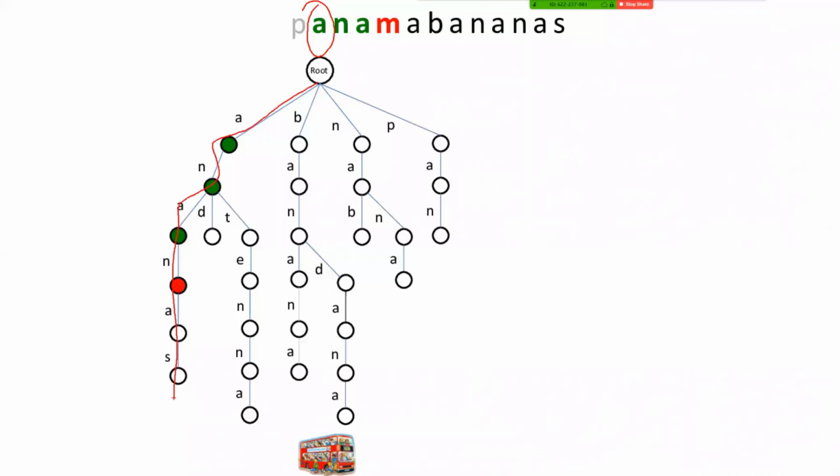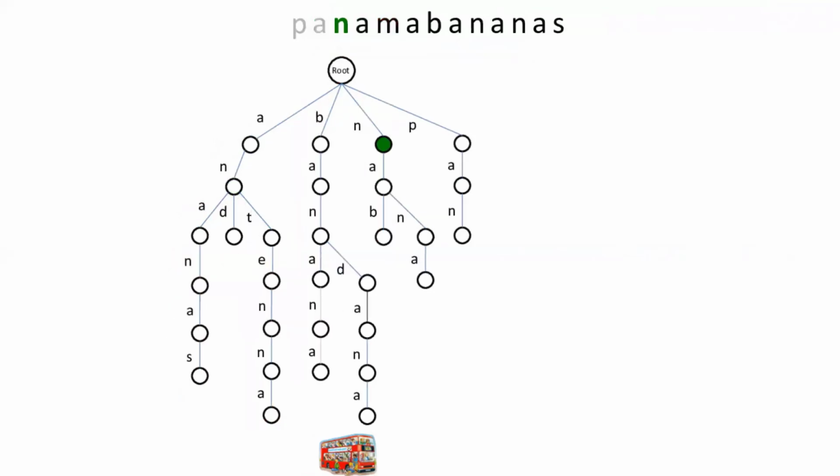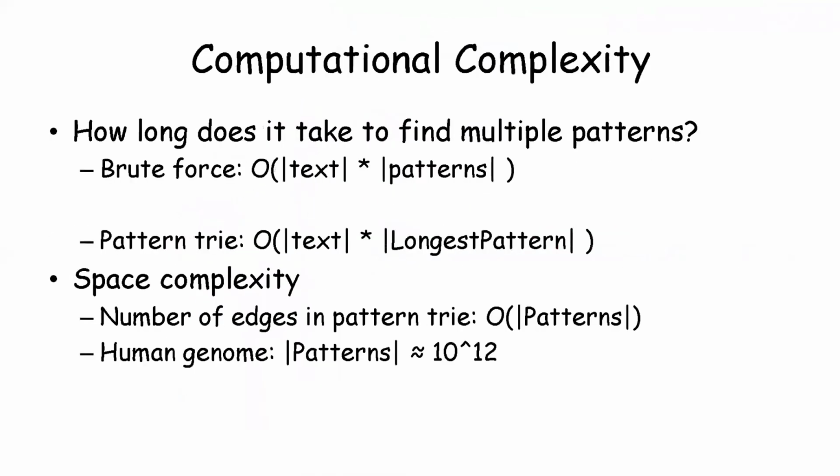The longest pattern is this one. That's 1, 2, 3, 4, 5, 6, 7. So no matter which of these positions I'm currently checking, I know I would not have to compare more than 7 steps. And there are G positions that I would have to try. Therefore, the complexity of this pattern tree is the size of the genome times the size of the longest pattern.